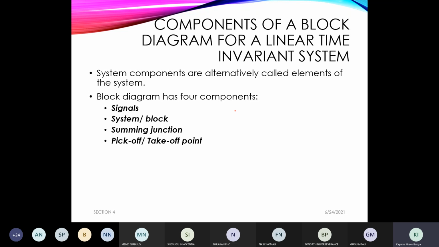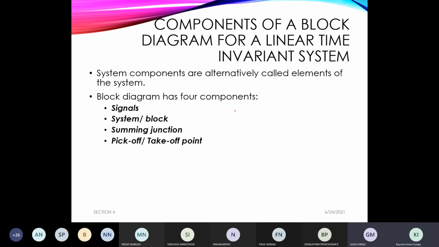We can notice 4 components of a block diagram. The first component is the signals, which can be our inputs and outputs. Besides the signal, we have the system itself, which is represented by a block, where we can have a transfer function or a mathematical relation inside of it. It can be anything that can be represented, a block that is representing our system.